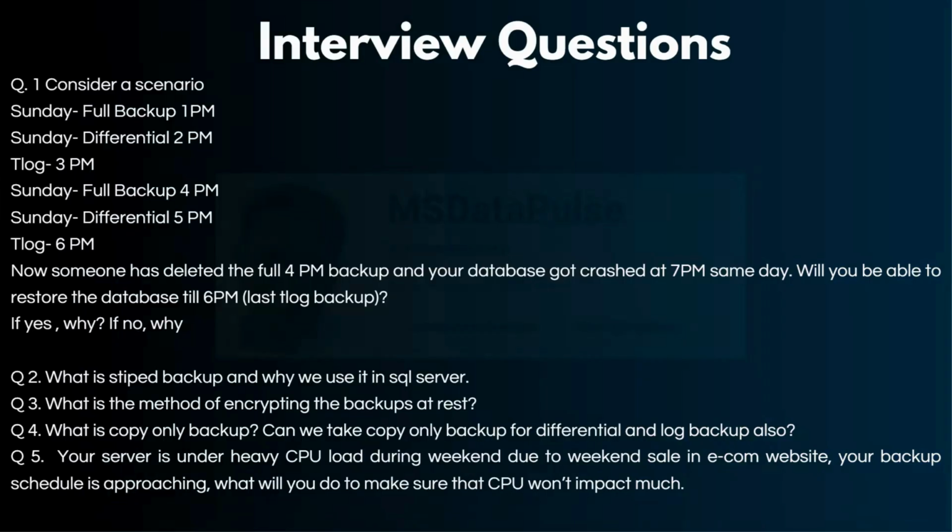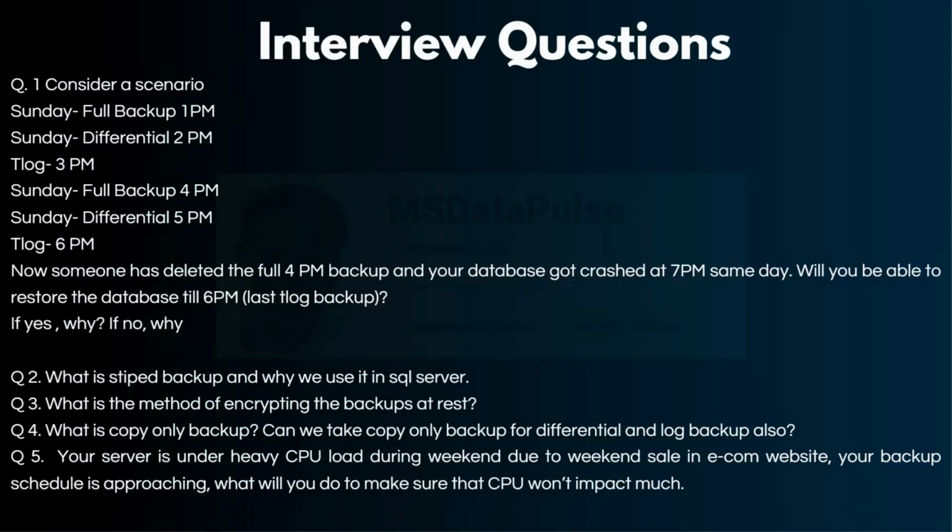So there are multiple things. It completely depends on your situation and your approval from your leadership. So first thing, you can avoid taking backup at that time because backup is a highly CPU intensive operation. If you take the backup at that time, definitely your CPU will hit 100%.